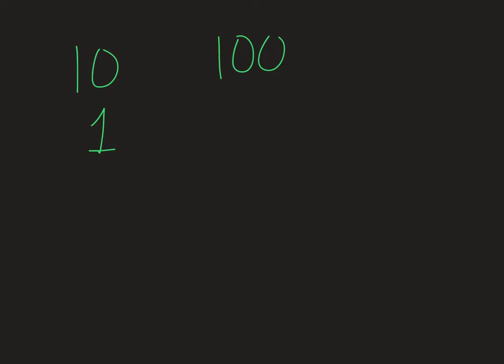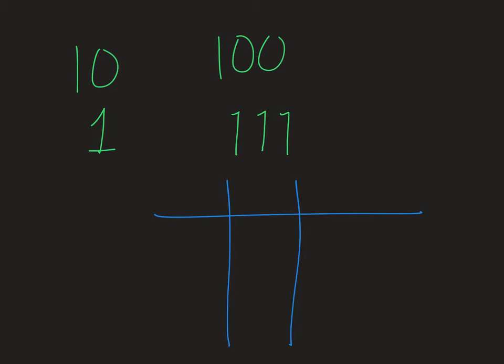Okay, so how does this relate to place value? Well, let's use a number. We'll just combine all these together and get the number 111. Now, let's go ahead and draw a handy-dandy place value chart. In a place value chart, we start with the smallest number on the right, and we put the largest value on the left.